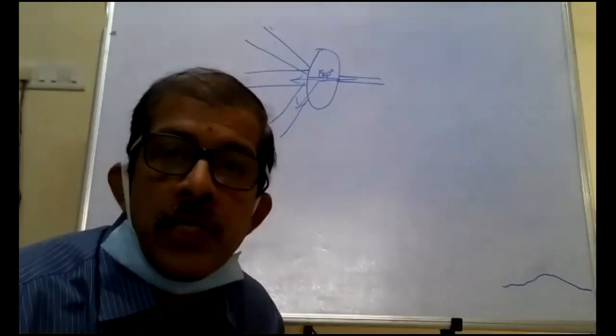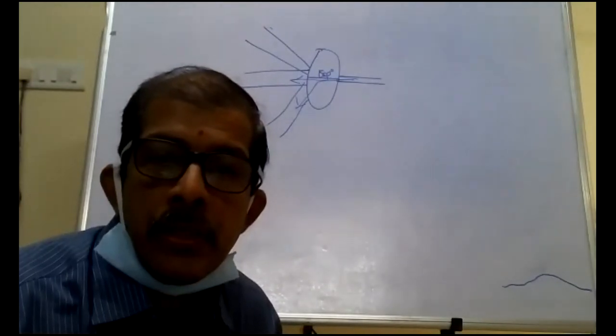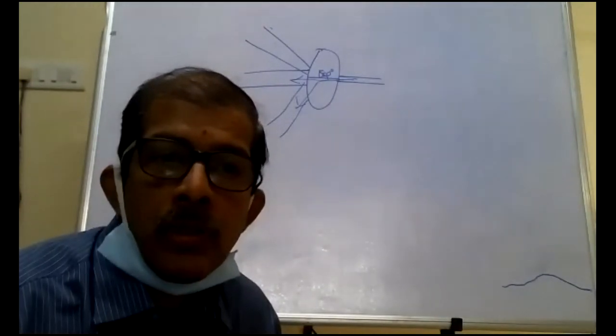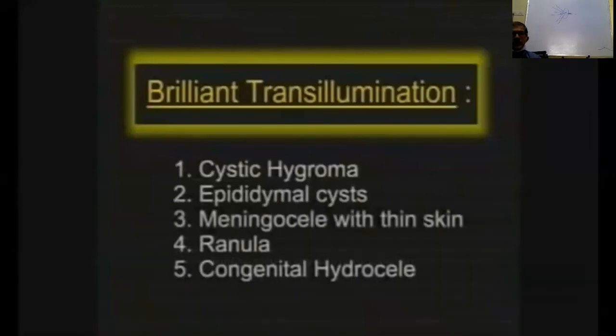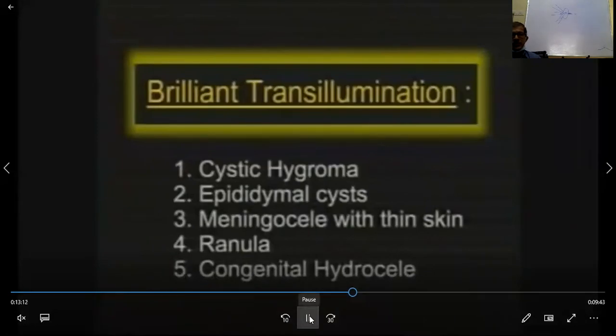So now you see, that's what is written here. So these are the things: cystic hygroma, epididymal cyst, meningocele, and congenital hydrocele. So they are brilliantly translucent.